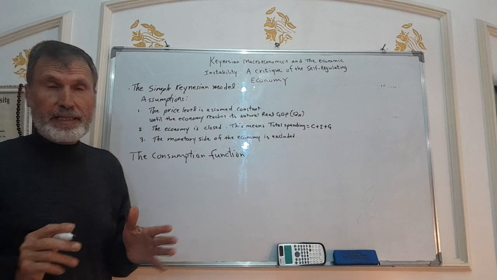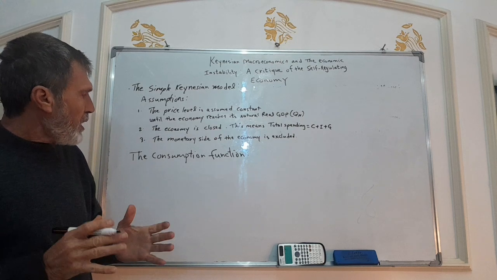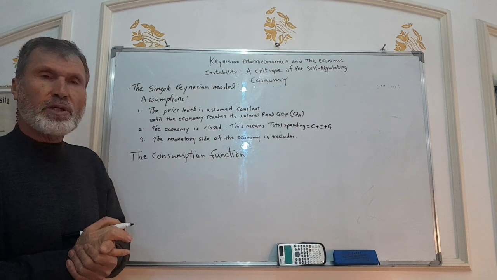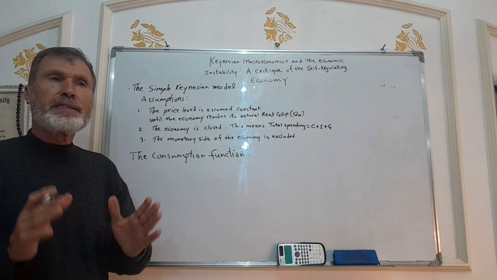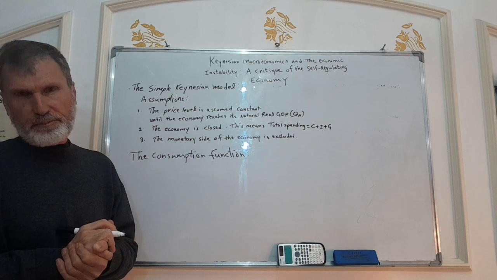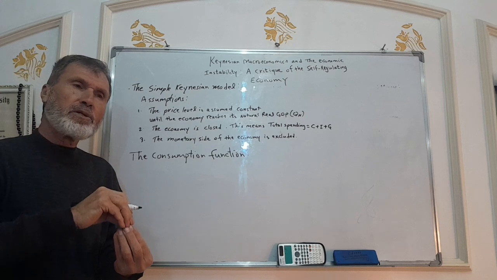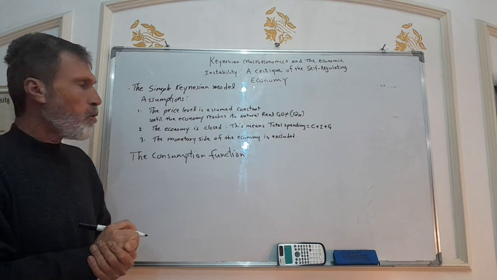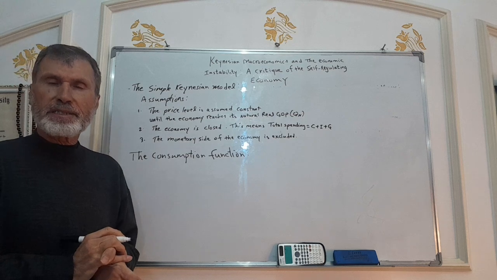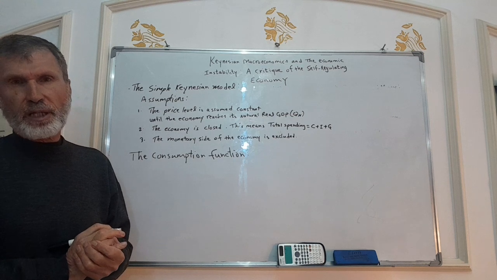As I said, he studied the consumption function because consumption by itself constitutes the lion's share of total spending. What are the main points he suggested about it?